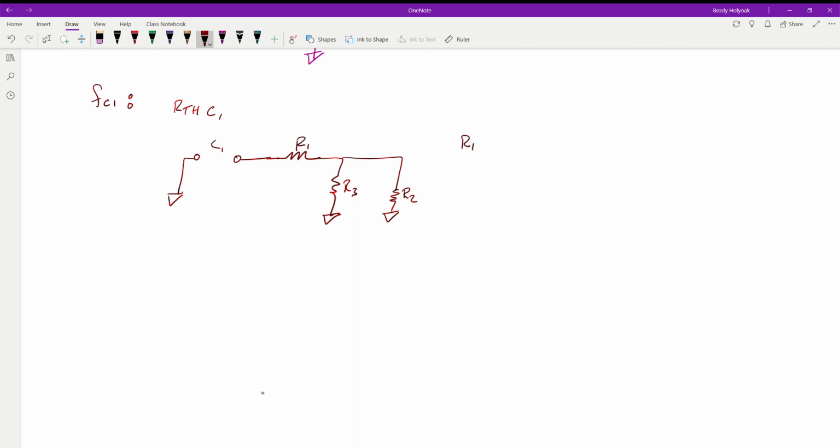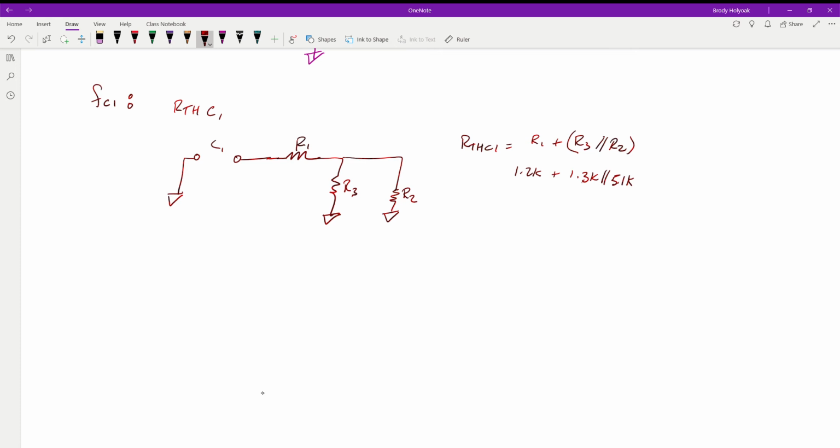So our R Thevenin at capacitor 1 is going to be equal to R1 plus R3 in parallel with R2. Those values come out to be 1.2K plus 1.3K in parallel with 5.1K.